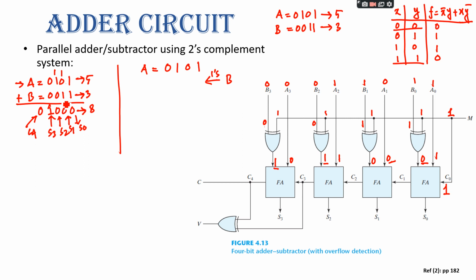Yes, sir. What would be the 1's complement of B? 1 1 0 0, right? And then I need to add 1 with it so that I get the result. Now this 1 1 0 0, can you see this 1 1 0 0? This is the 1's complement of the number, right? Yes, sir.